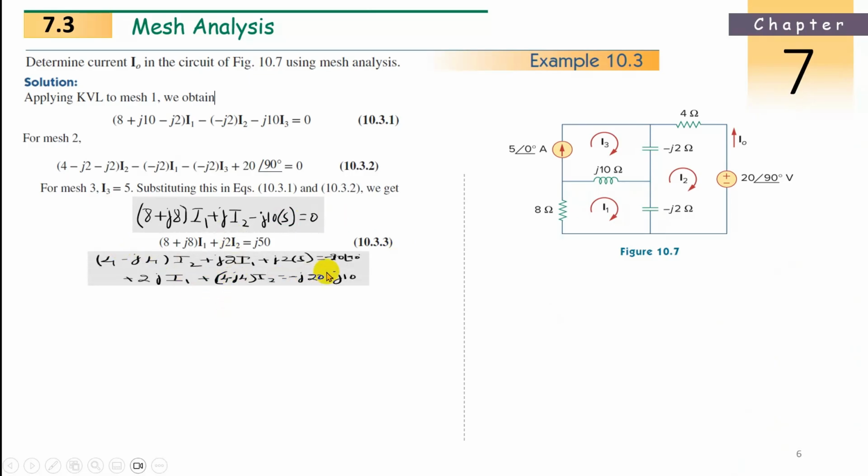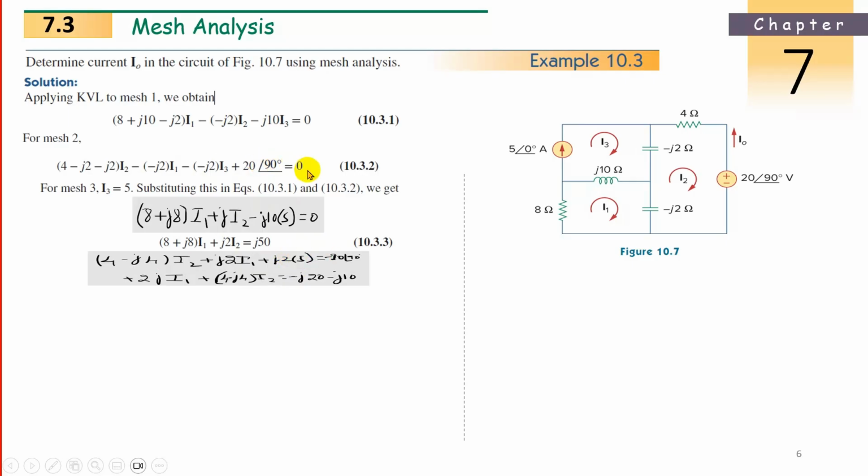So here, now I can rearrange this for I2 format. 4 minus j4, that is j minus j2 minus j2. Okay, (4 minus j4) I2. Now it is I1, plus minus of minus plus j2 I1, plus j2 times I3. That is 5, that is 10. It will become 10.